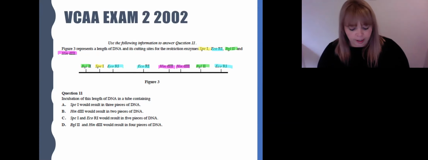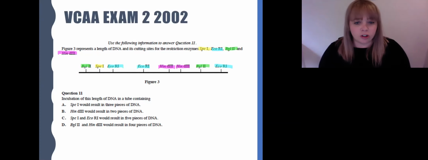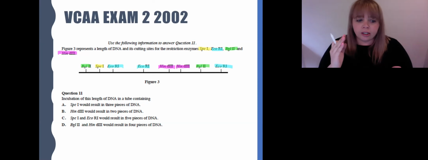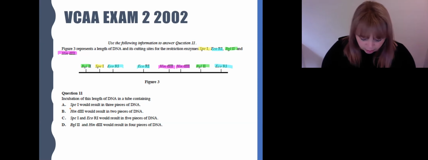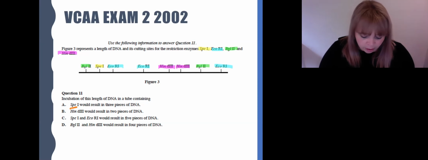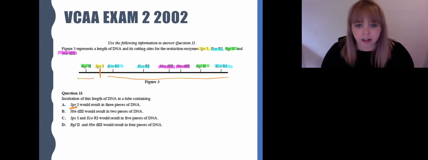So incubation of this length of DNA in a tube, so that just means leaving it in a tube, maybe letting it reproduce if you put in your stuff for PCR. But essentially, if you put SPE1 only in there, it would result in 3 pieces of DNA. So if SPE1 is cutting here, I've got 1 piece of DNA and I've got another piece of DNA.